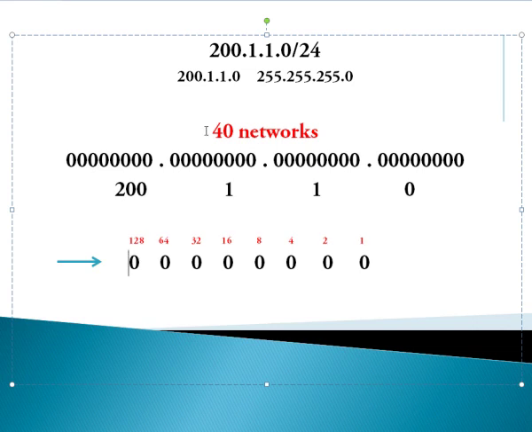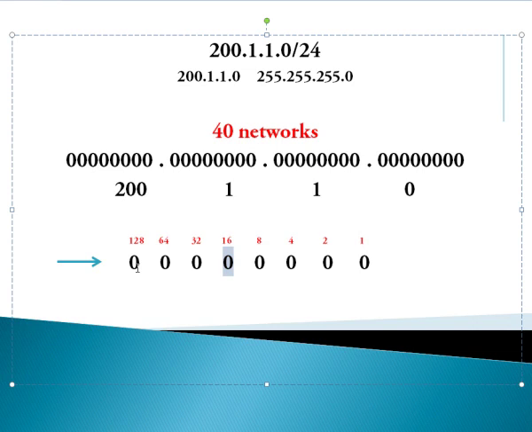In this case, because we are working on networks, we're going to start calculating from left to right, and this is how it goes. If we take 1 bit, it gives us 2 networks. If we take 2 bits, it gives us 4 networks. If we take 3 bits, it gives us 8 networks. If we take 4 bits, it gives us 16 networks, and so forth.